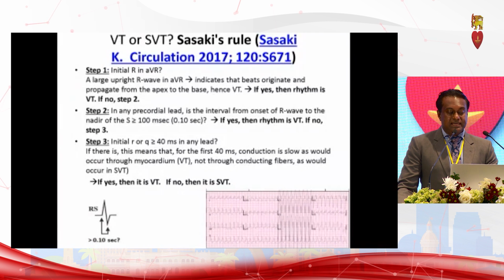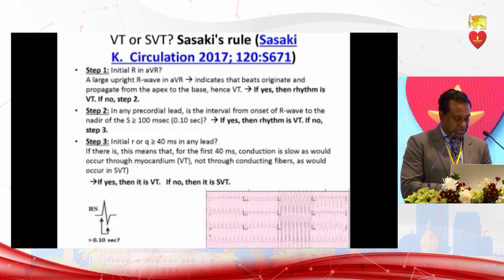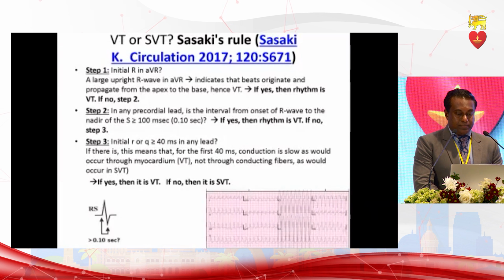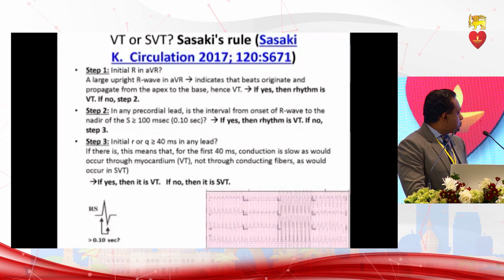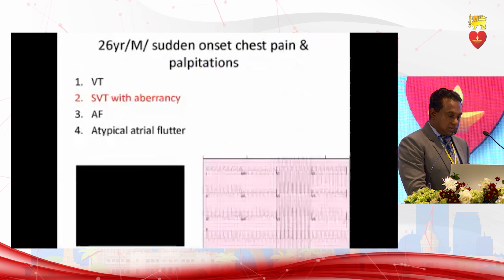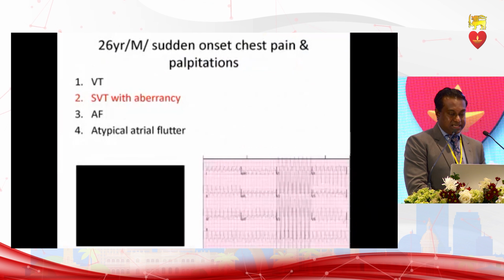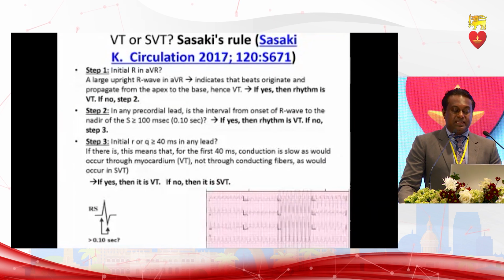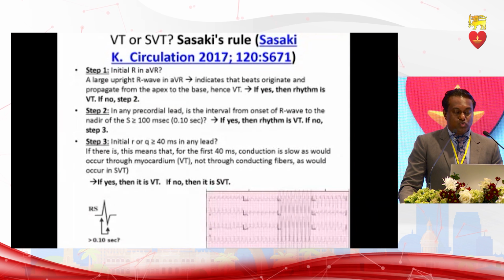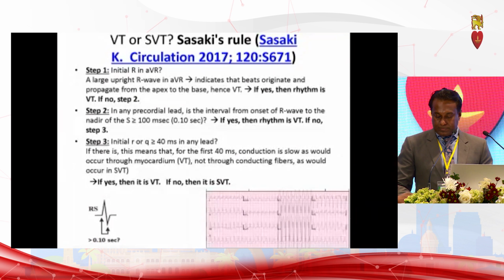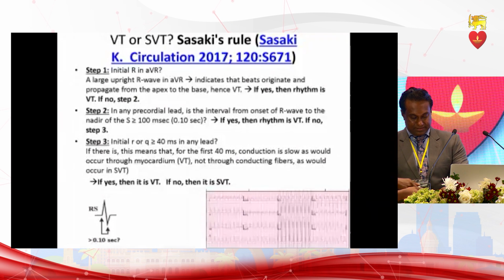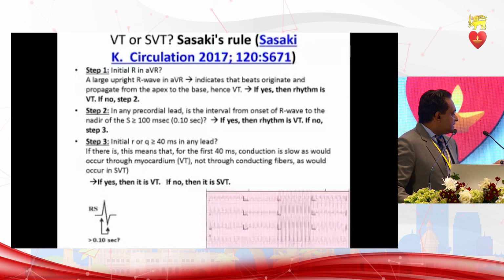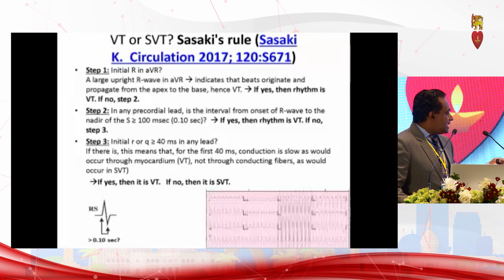That is, in any precordial lead, is the interval from the onset of the R wave to the nadir of the S wave 110 milliseconds or more?